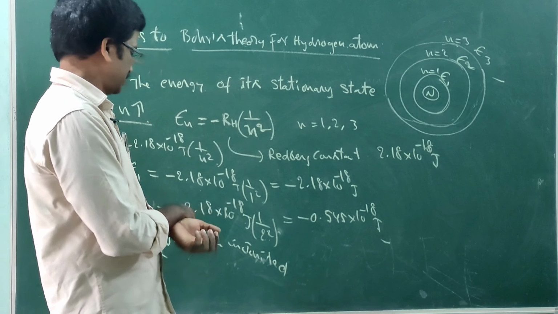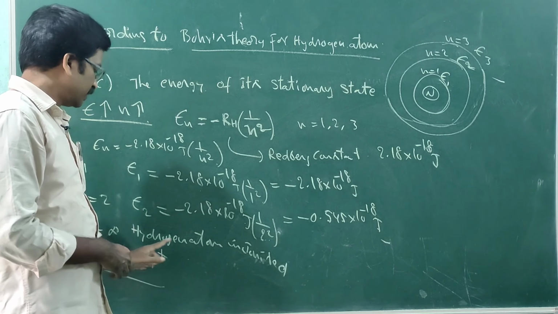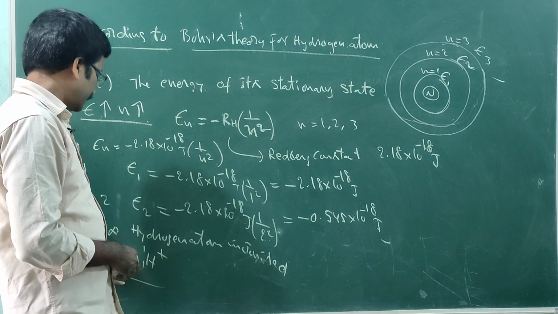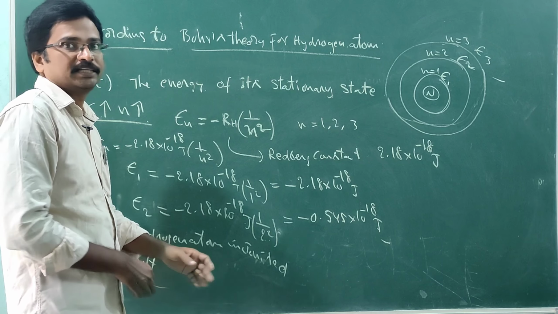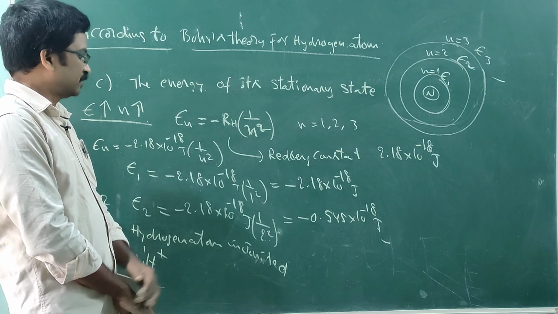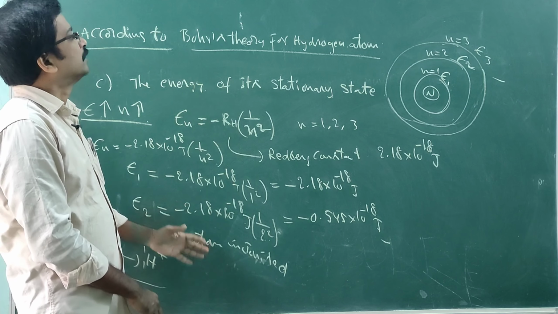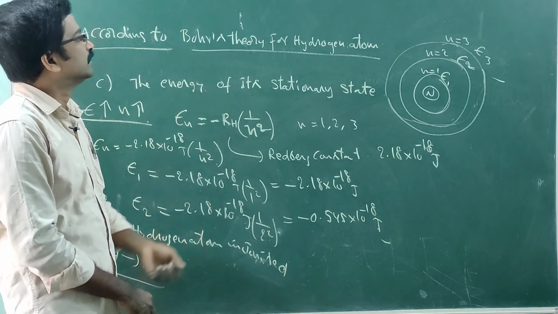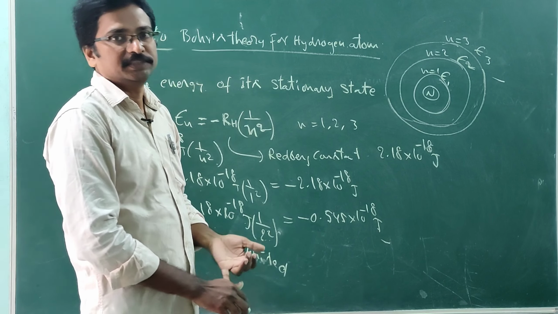So at n equal to infinity, the hydrogen atom is ionized. You can understand it like that also. These are the important points for understanding the Bohr theory of the hydrogen atom.